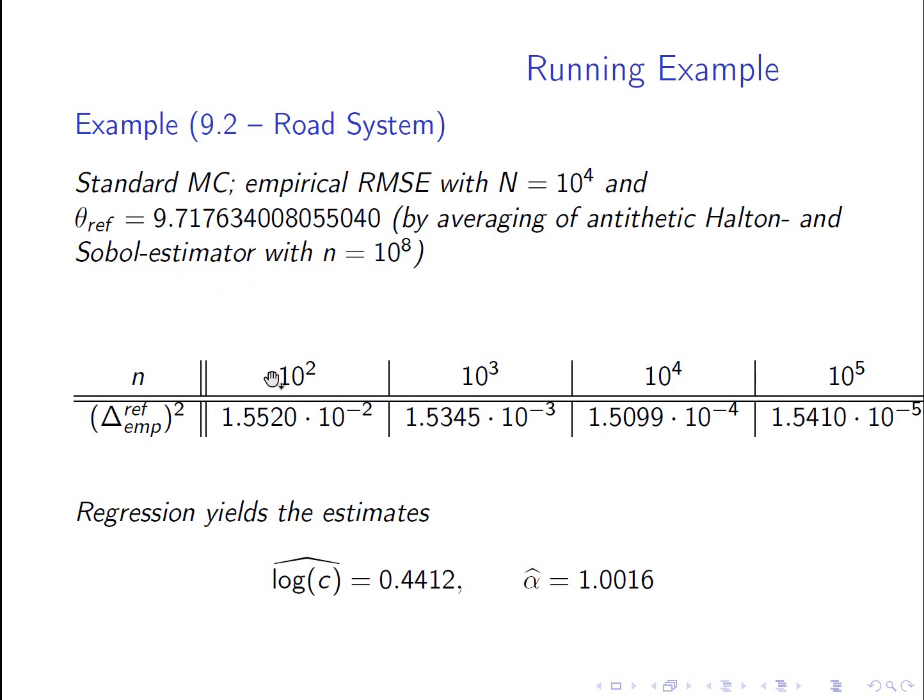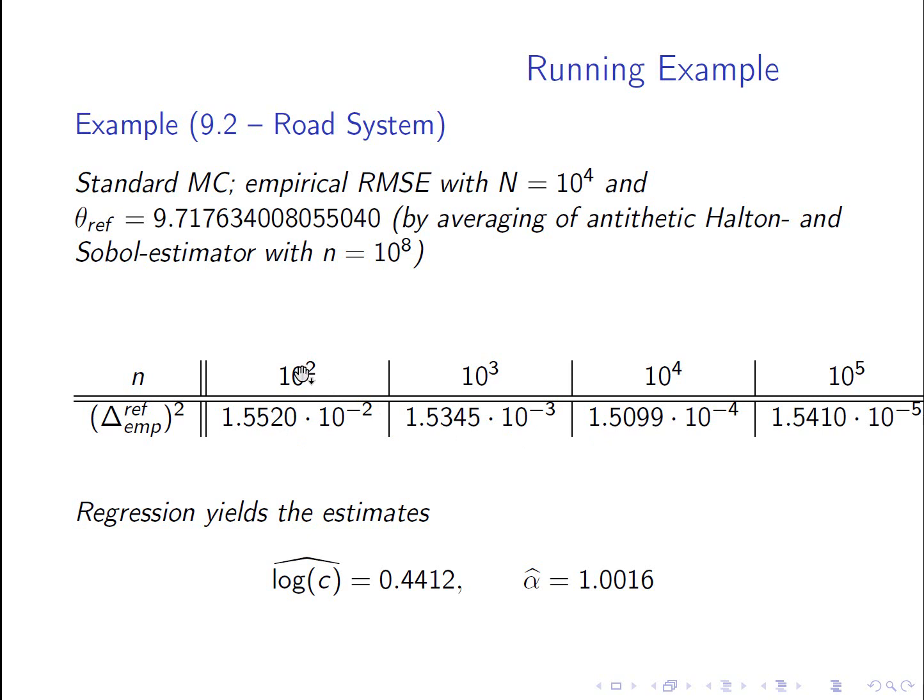Okay, and here are the values I observed. So it's only a small study, and n rises between 10 to the power 2 and 10 to the power 5, so at least 4 values. And here we have the following values for the empirical mean squared error. And this already behaves wonderfully. Why wonderfully? Because the constant in front, this estimate for the c, well, it's 1.5 something, so it's not a big change.